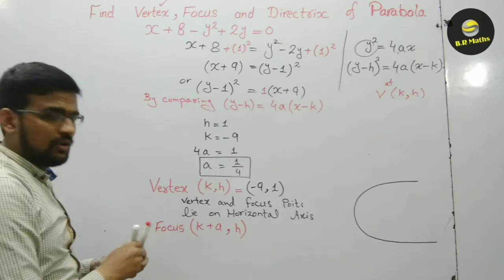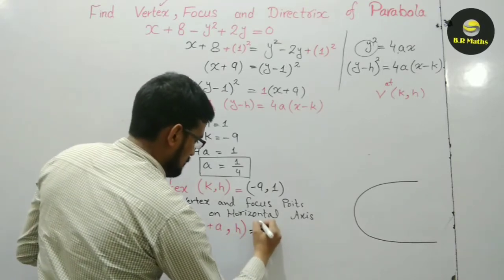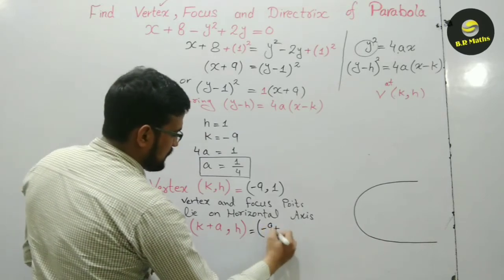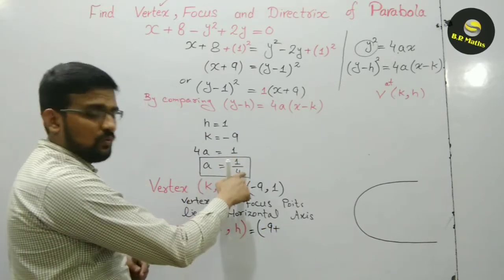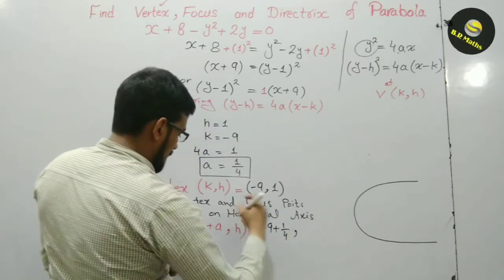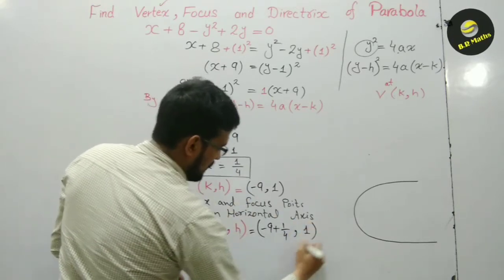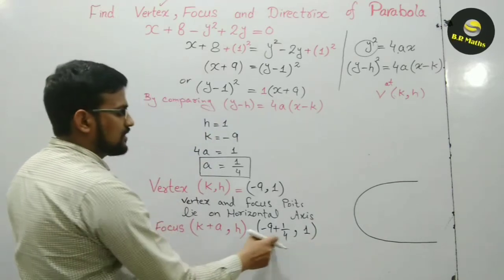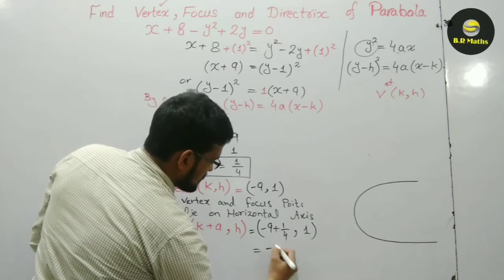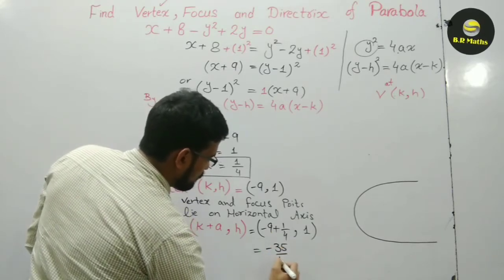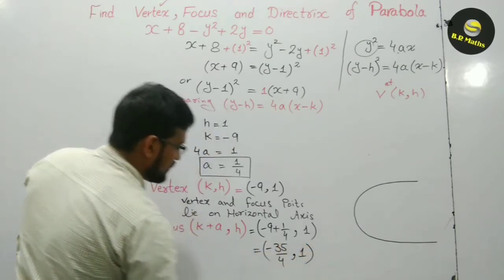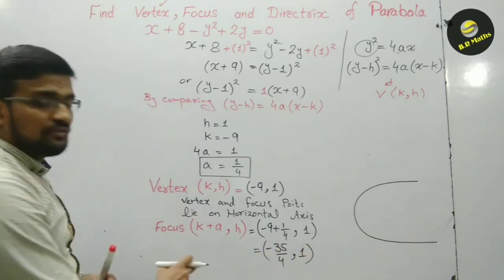According to this rule, k is -9 plus a, which is 1/4, and h is equal to 1. Taking the LCM and simplifying, the result is (-35/4, 1). This is the focus.